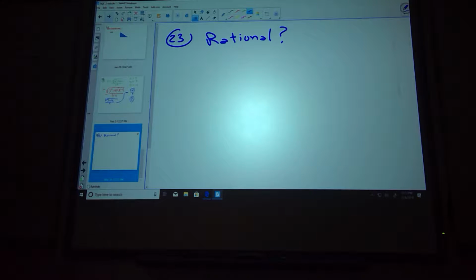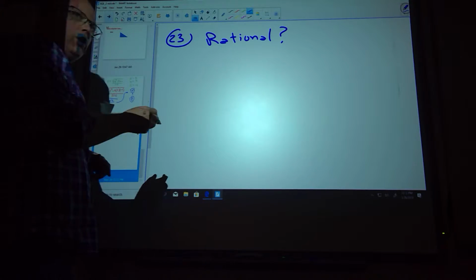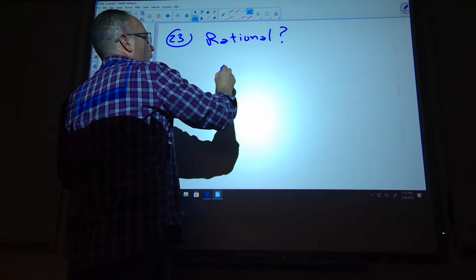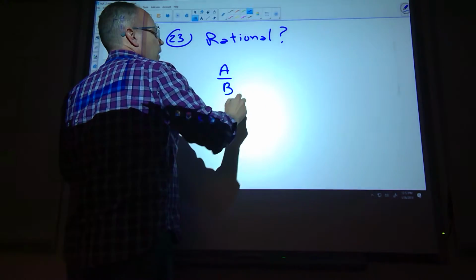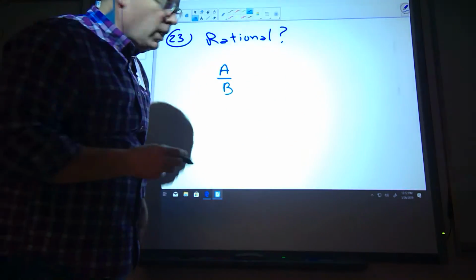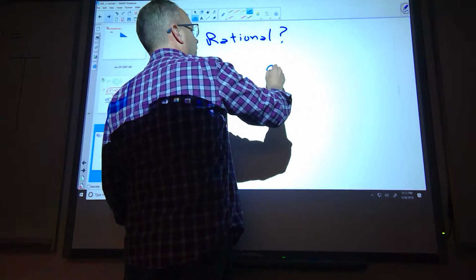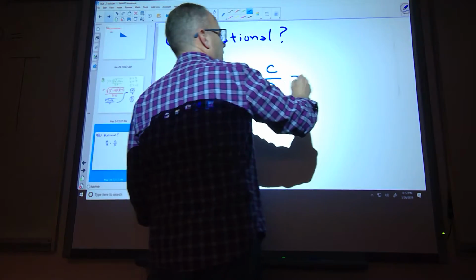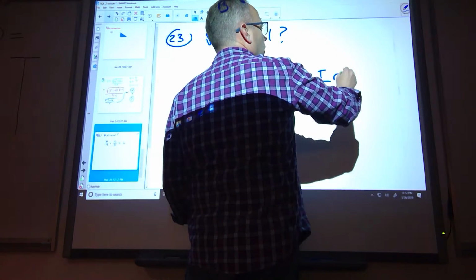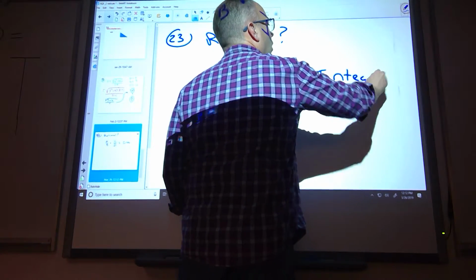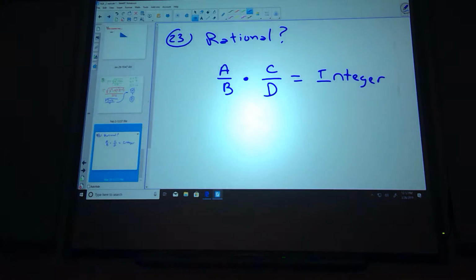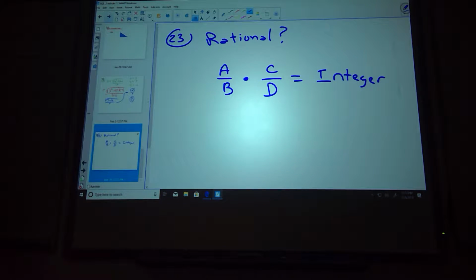Okay. So is it possible that I take 2 fractions, so a over b, and multiply it times another fraction to get an integer? What's an integer? A whole number, like 1, 2, 3, 4, 5, 6, 7, right? So is it possible for me to multiply two fractions together and get a whole number?